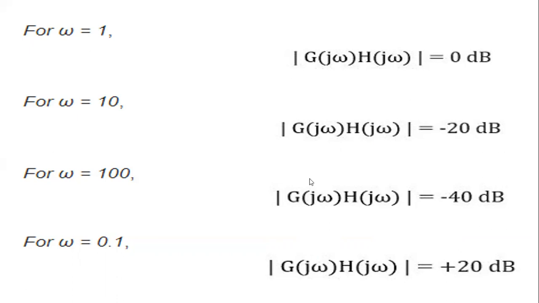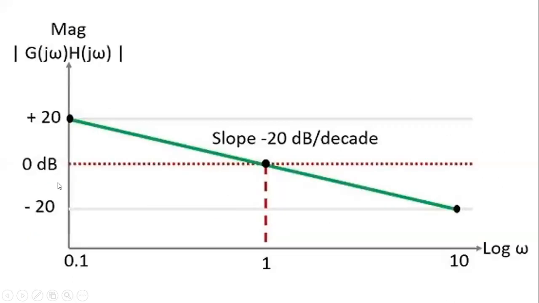So further, for omega is equal to 1, the magnitude is 0 decibels. If you see the graph here, for omega is equal to 1, the magnitude is 0 decibels. So the slope is minus 20 decibels. It will intersect the reference line at 0 decibels at omega is equal to 1.